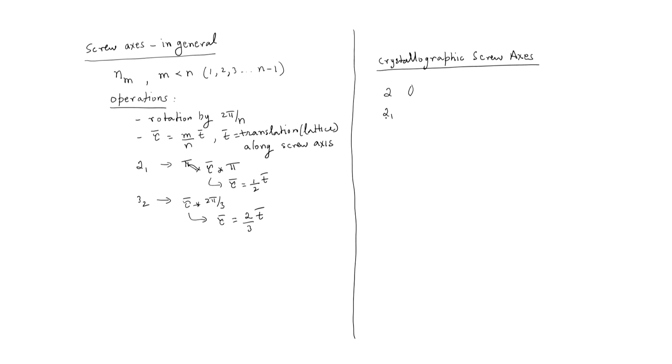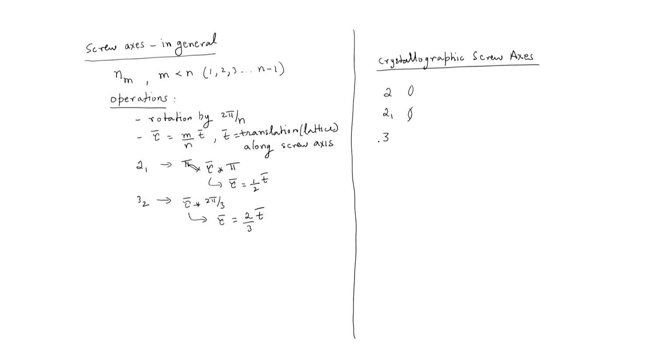The two-fold screw axis, 2 sub 1, will have a symbol like this, where essentially it is again an ellipse, but there are two fins coming out from either end to show that this is a two-fold screw axis.